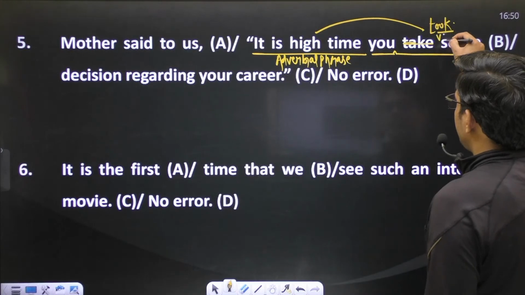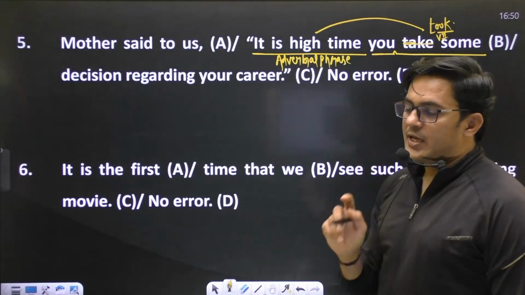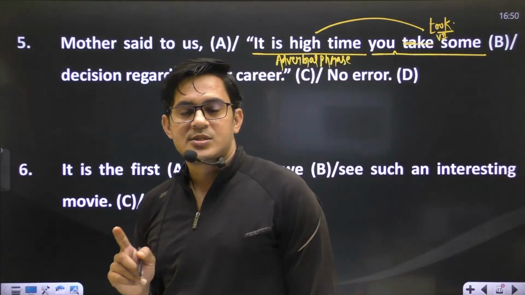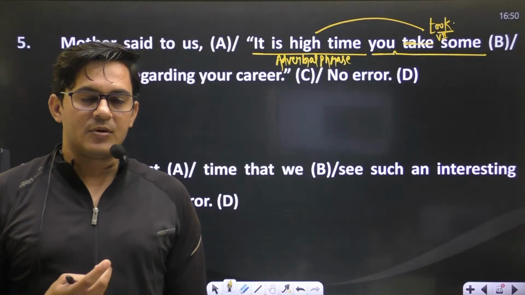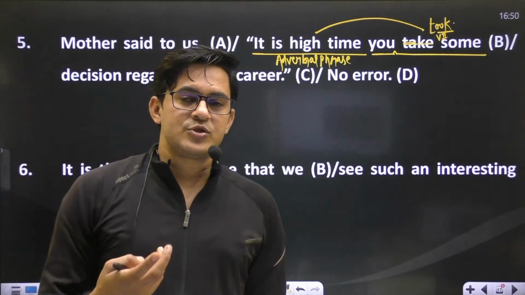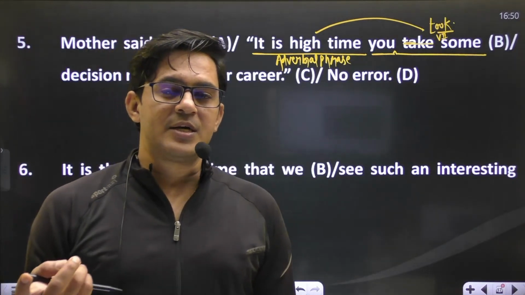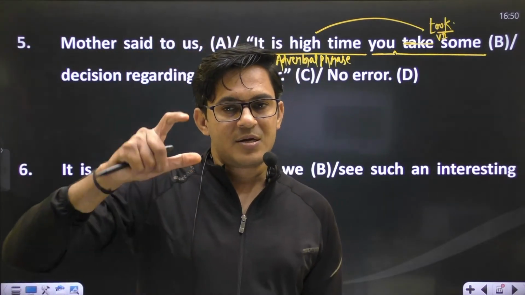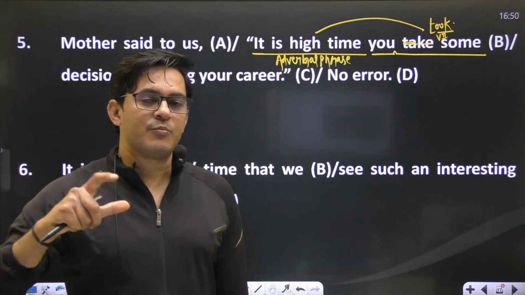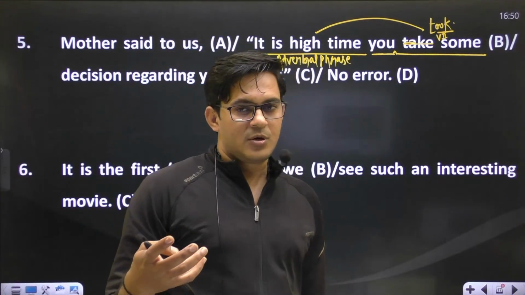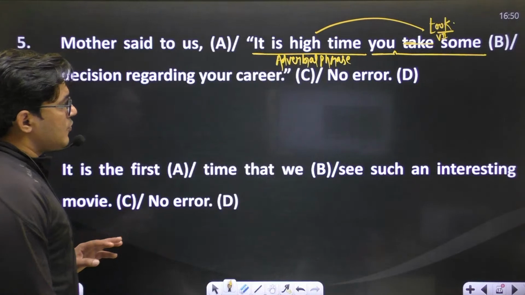And as we know, this phrase is used to denote such actions which are urgent, right? In the past you did not pay attention to them, but now they have become urgent for us to do.